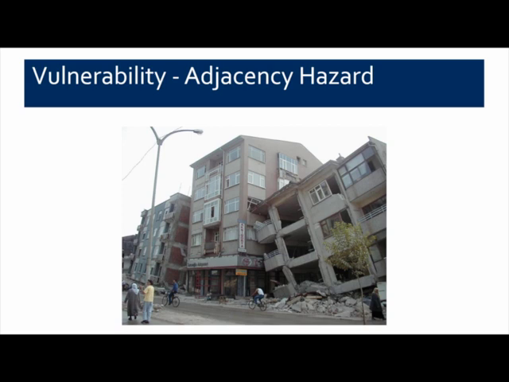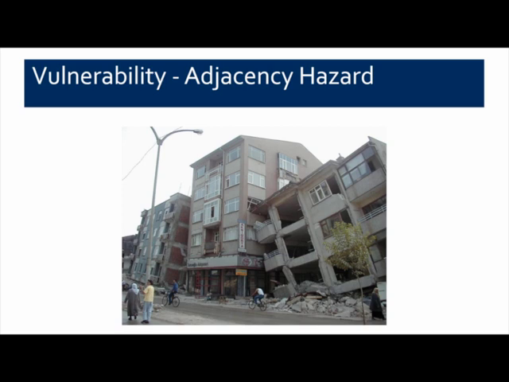So adjacency hazard is a final vulnerability that I will introduce. And what you see here in the middle is a building that appears to have gone through the earthquake without any substantial damage. However, because of the very substantial damage and really collapse of the neighboring building, the building in the middle is not usable and may in fact be damaged by that neighboring building.